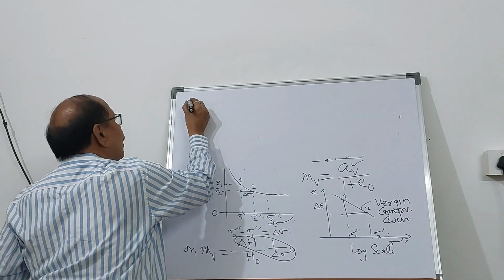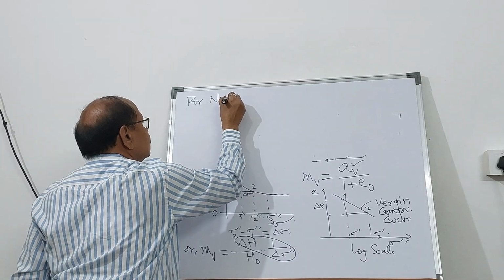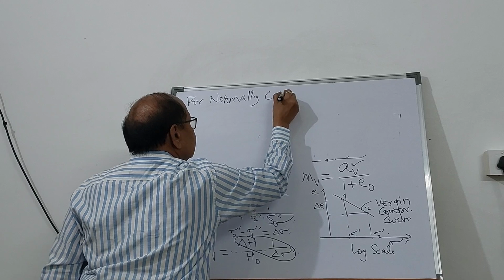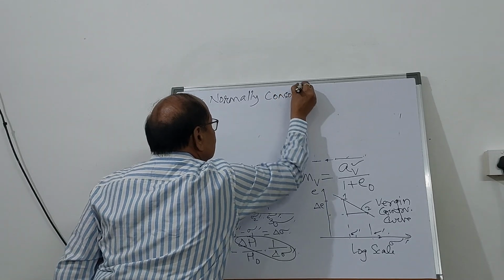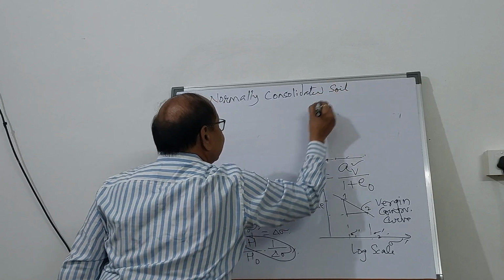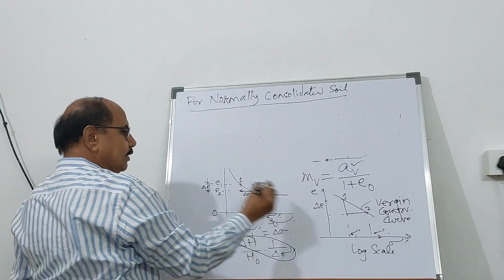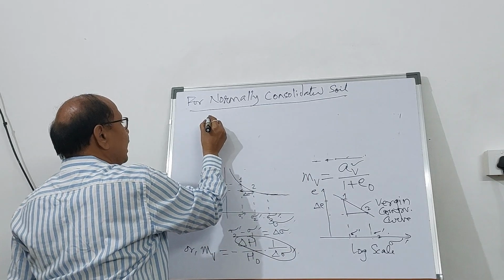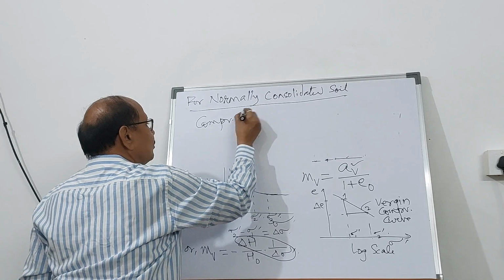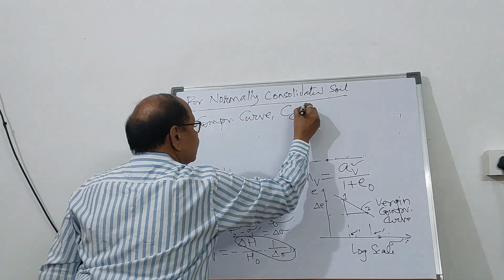Therefore, for normally consolidated saturated clay soil, what do we get? The slope of this line is called the compression index, Cc.